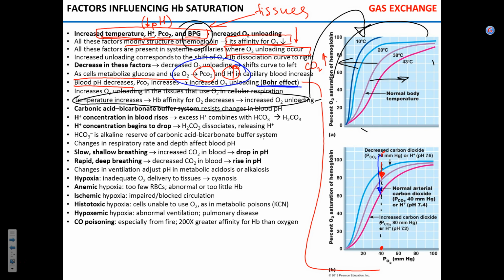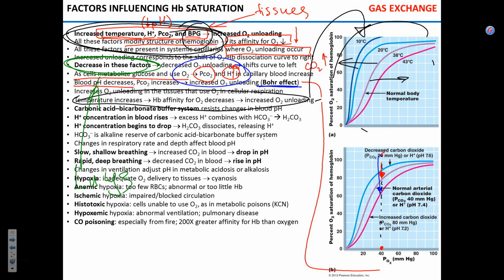Since carbon dioxide is low, acidity is low. So in the lungs, all these factors that I have on top are decreased. We can put a decrease in these factors. That's lungs. Does that make sense?